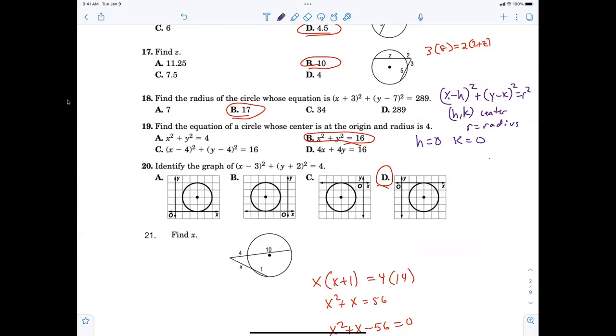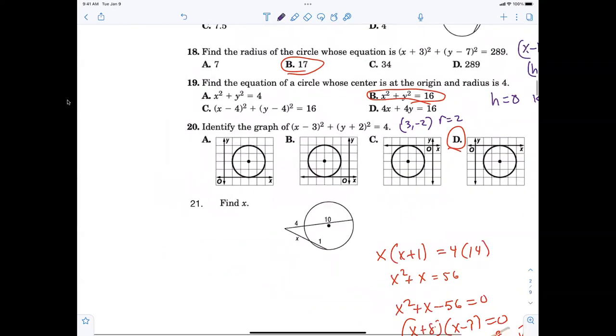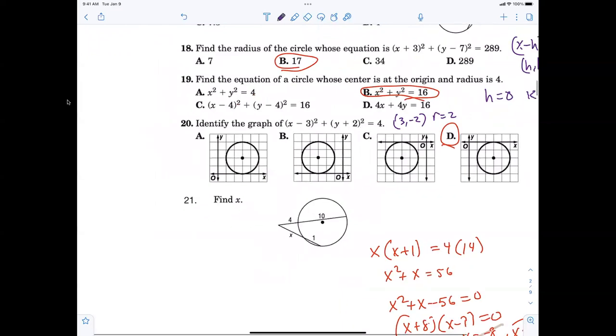The center, remember, for number 20, the center would be 3 comma negative 2. And the radius is 2. Anybody have any issues with that? All right, now 21.